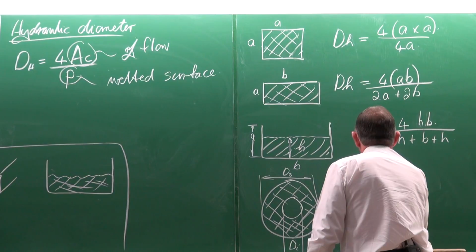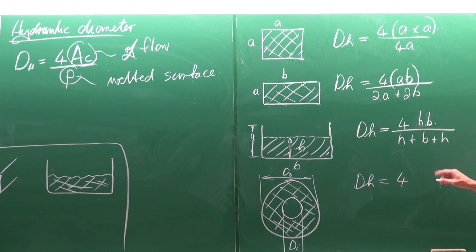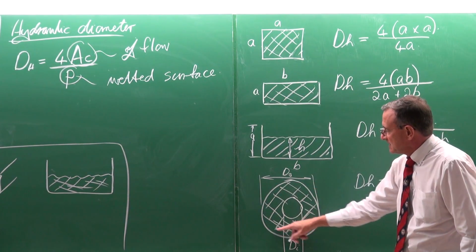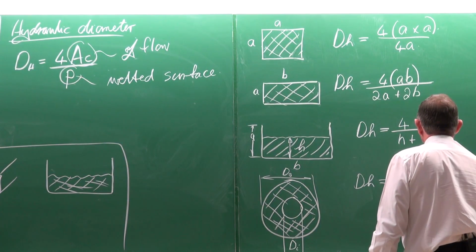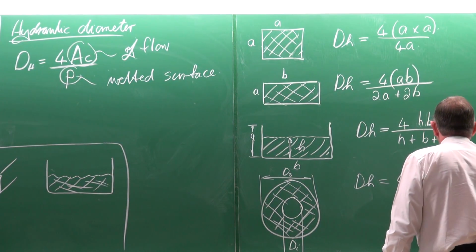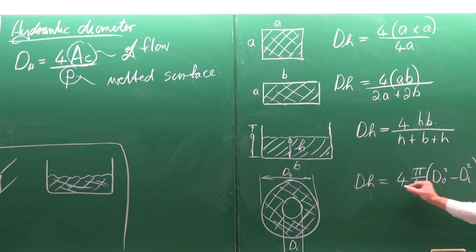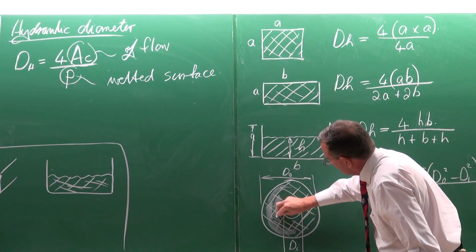Now the hydraulic diameter is 4 times the cross-sectional area of the flow. It means it is that cross-sectional area there. So it is 4 times pi divided by 4 times (d_0 squared minus d_i squared), like that. I'm going to say again, it's that cross-sectional area there.